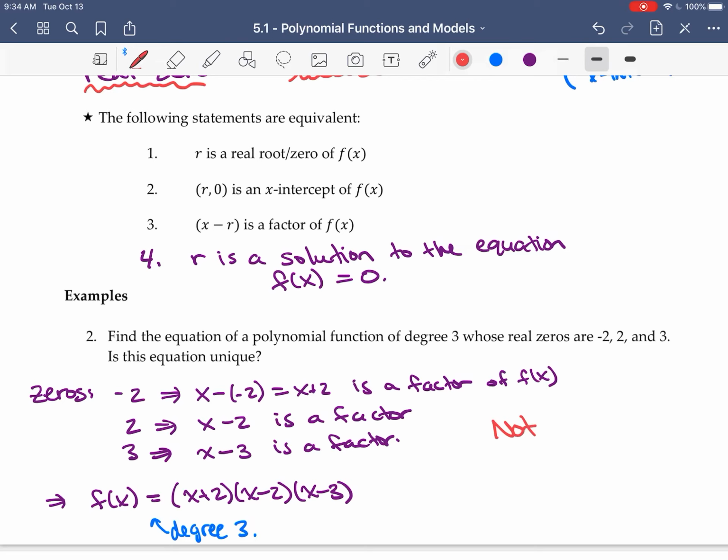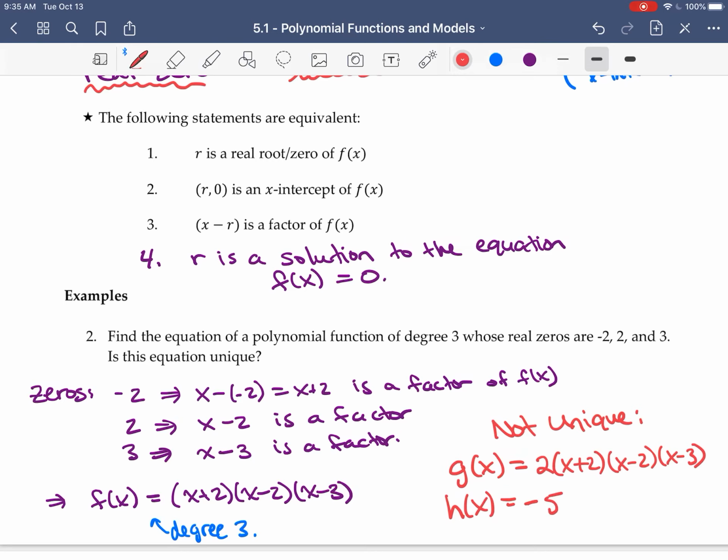So the answer here is no. It's not unique. It is fairly unique, but I could, let's call it g of x, just multiply by a number. So I could have 2 times x plus 2, x minus 2, x minus 3. Or maybe I have negative 5.